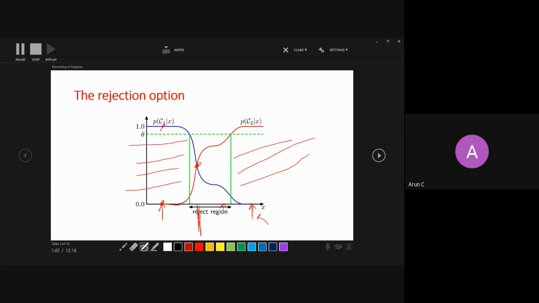So it is not always good to take a decision for every x in a classifier. Sometimes if you are not sure about any class, you just leave it for human intervention. This is known as a rejection option. So if you want to train a neural network, rather than taking 2 classes, C1 and C2, you take 3 classes: C1, C2, and C3.